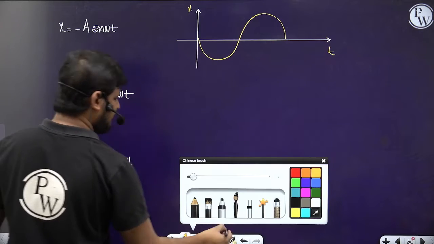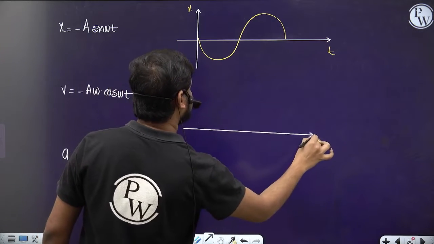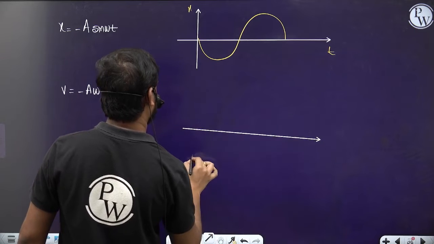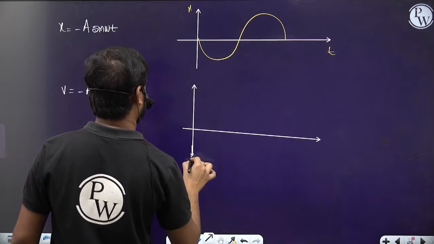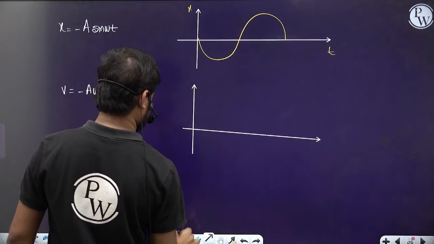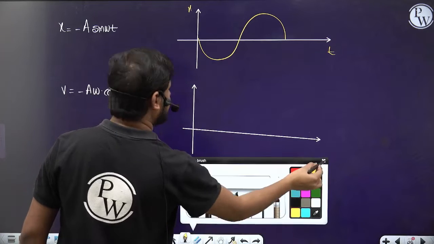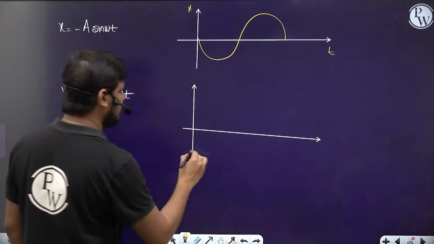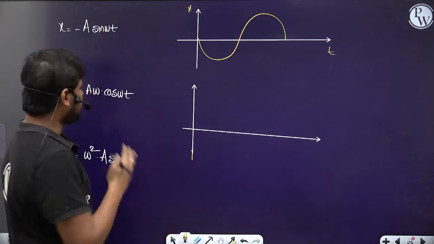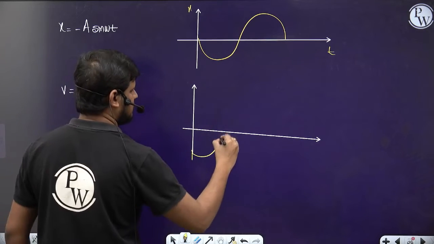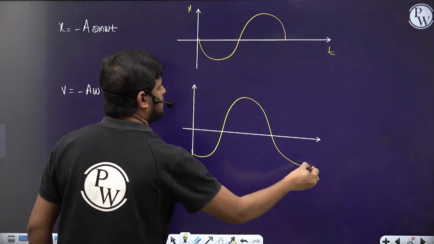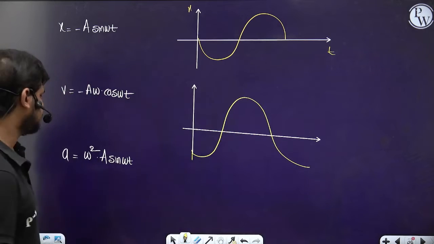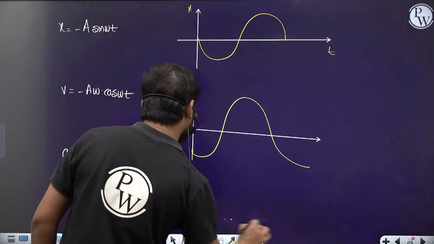Then the v versus t curve: minus a cos omega t, cos is maximum, so minus maximum, like this. Yes, sure. Then what about the a versus t curve?